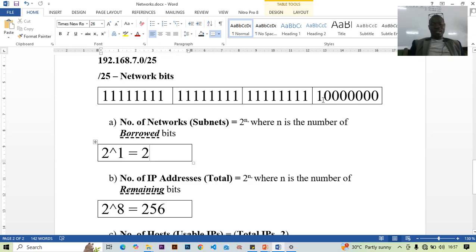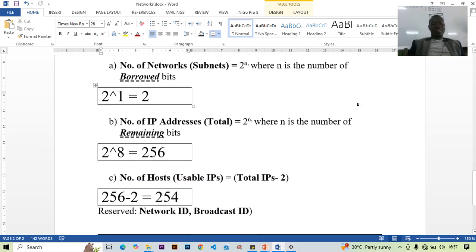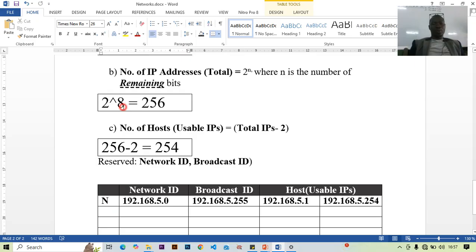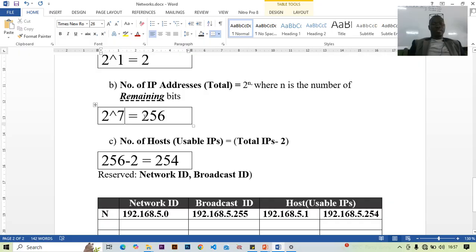We borrowed 1, and so there are 7 bits remaining. So this will be 2 to the power 7, which will give us a total of 128 IP addresses. So the total number of IP addresses in each network will basically be 128, network ID and broadcast ID inclusive.